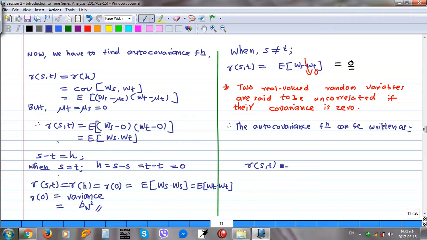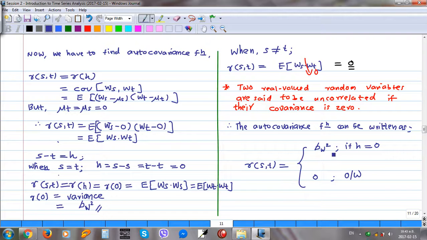We took two answers here: sigma w square if h equals 0, and 0 otherwise. So this is the answer. The autocovariance function is sigma w square when h equals 0. Then if h not equals 0, that is 0.